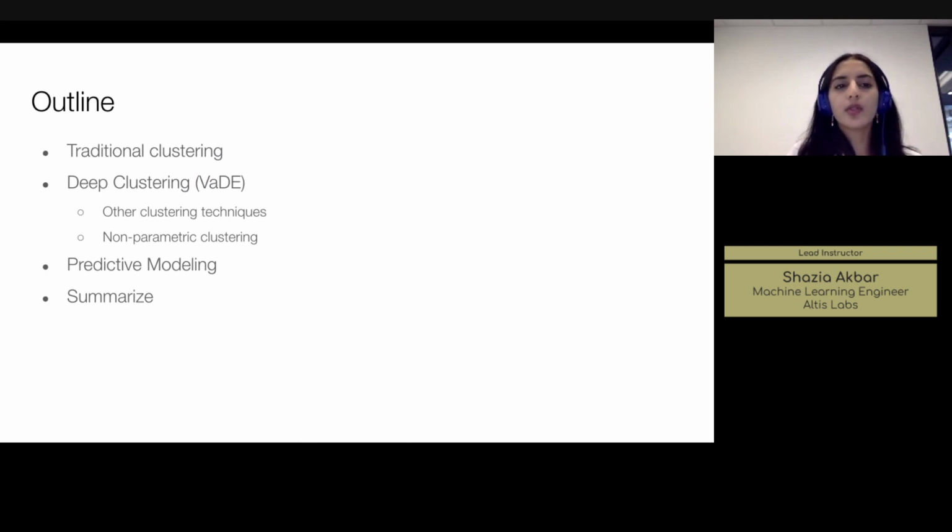And then we'll go straight into one particular deep clustering technique called VaDE, as well as touch on other clustering techniques. And lastly, I'll talk about predictive modeling, which is an upcoming, really interesting field in unsupervised learning. And I think it has potential moving forward as well.